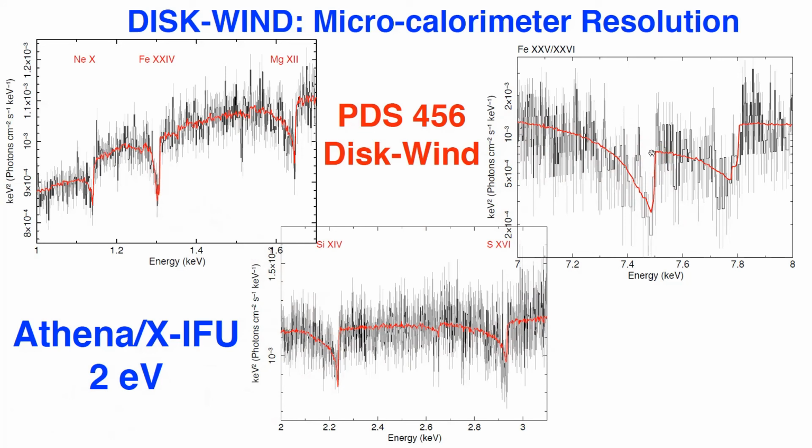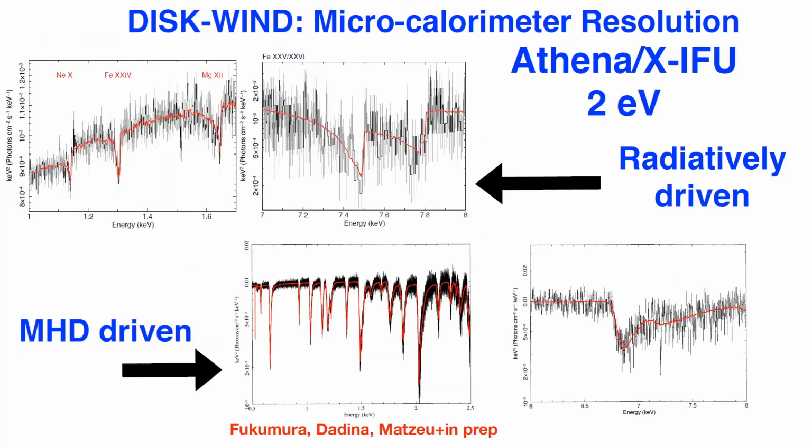I'll tell you straight away, this is because it's a simulation. Obviously the real spectra are not going to be so sharp, but it is kind of helping. Also, because I'm heavily involved with the magnetohydrodynamically driven wind, which is a little bit different, we can see that with Athena, if you look at the MHD wind instead of the radiatively driven one, the shapes are actually reversed.